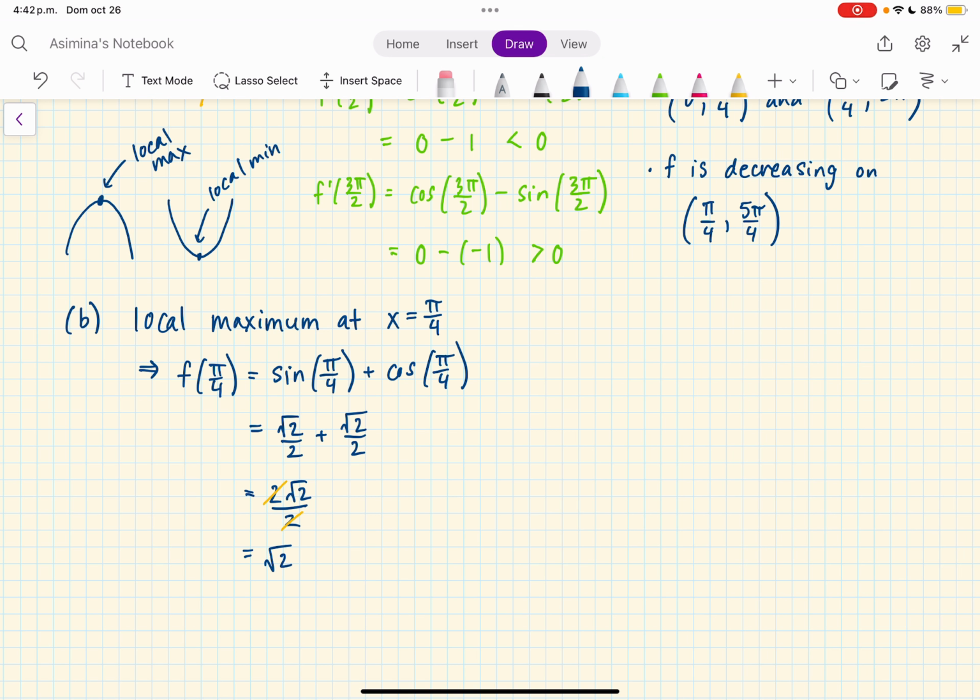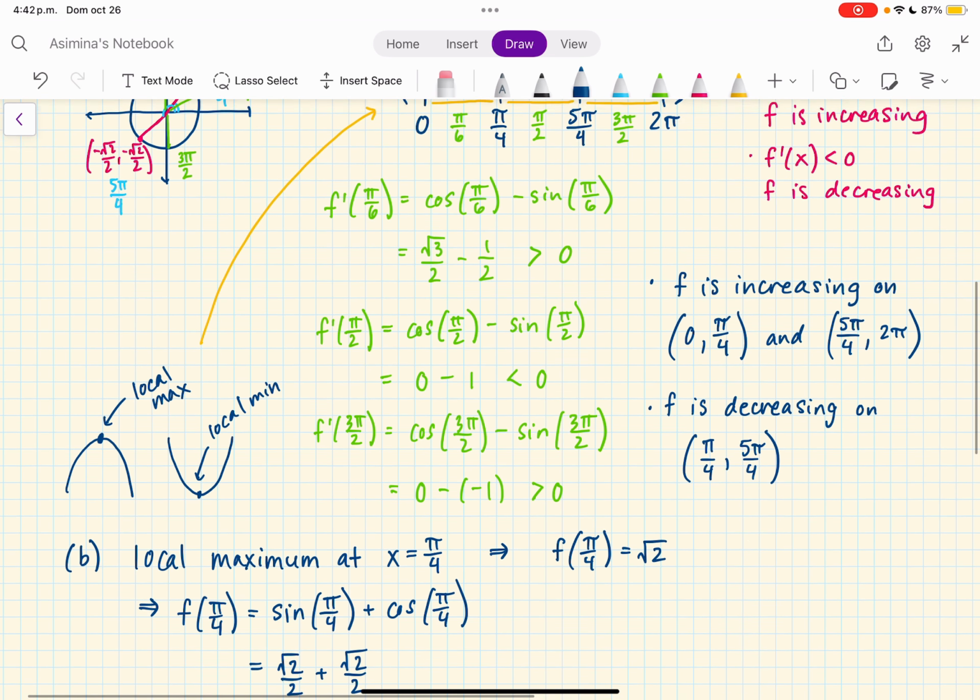Okay, great. So there's a local maximum at the point pi over 4, comma, root 2. Okay, another way we can write this is f of pi over 4 equals root 2. So that's a local maximum.